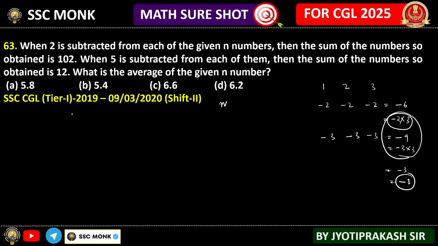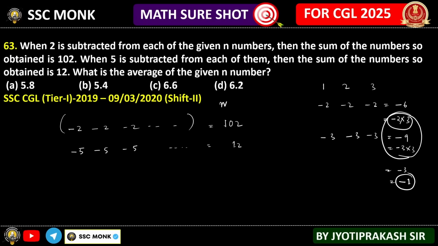When 2 was subtracted from each number, the total sum I got was 102. Got it? Yes. When I started taking out 5, I got 12.